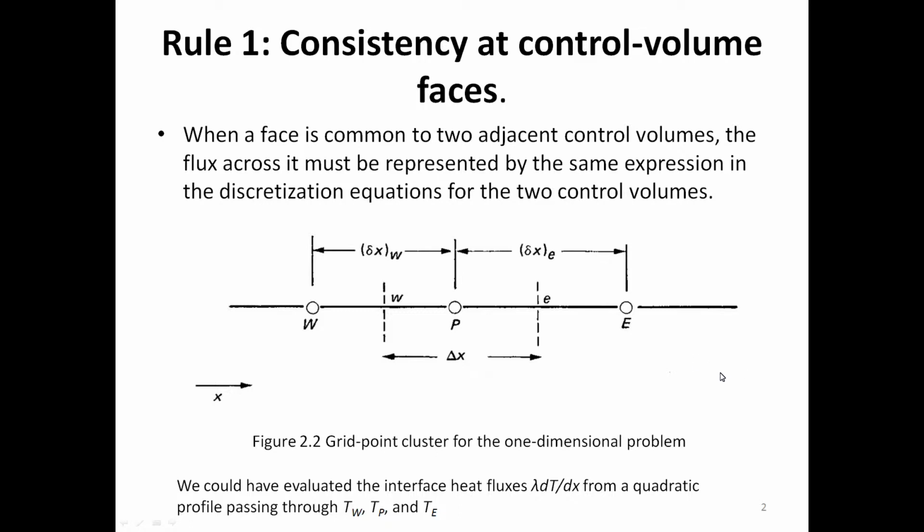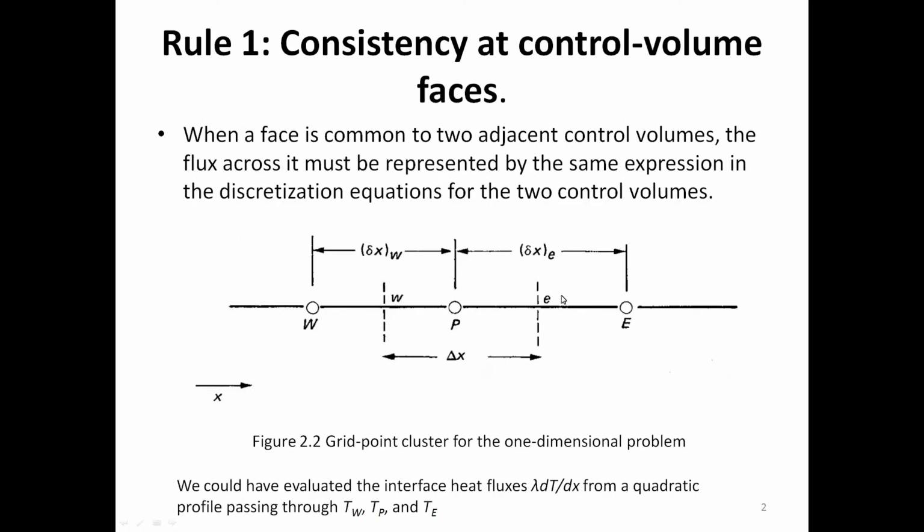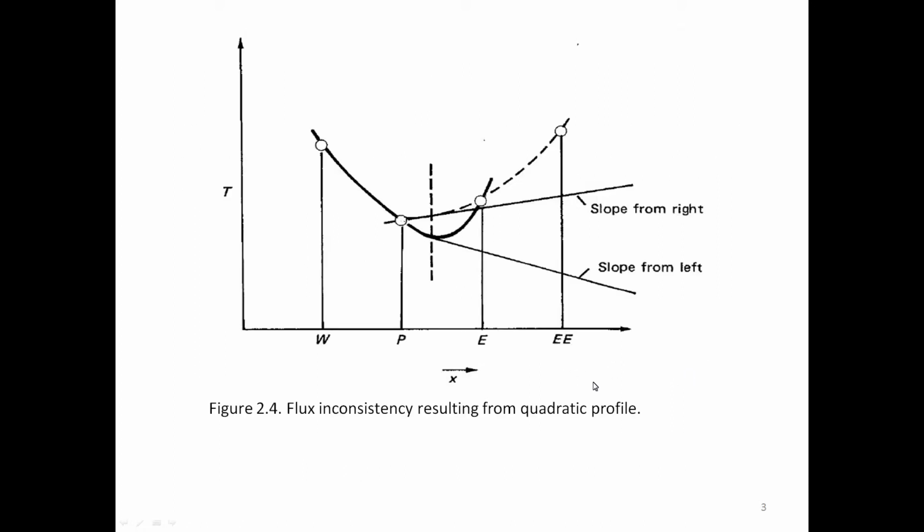For the control volume shown in figure 2.2, we could evaluate the interface heat flux, lambda dT by dx, from the quadratic profile passing through T sub W, T sub P, and T sub E. The use of the same kind of formulation for the next control volume implies that the gradient dT by dx at the common interface is calculated from different profiles, depending on which control volume is being considered.